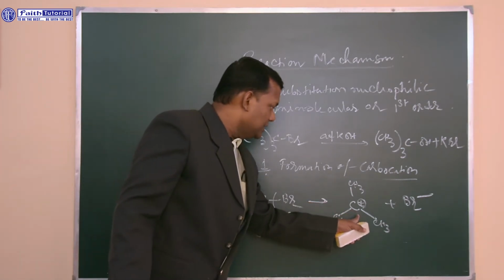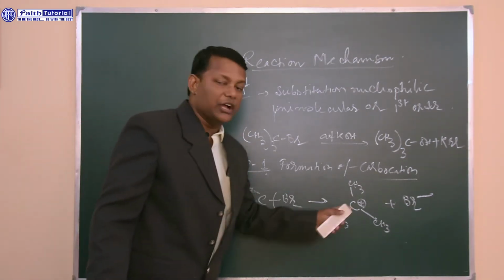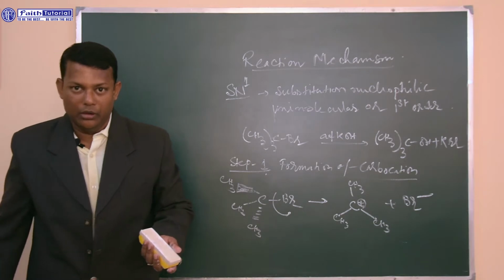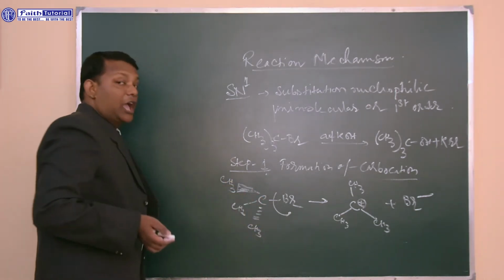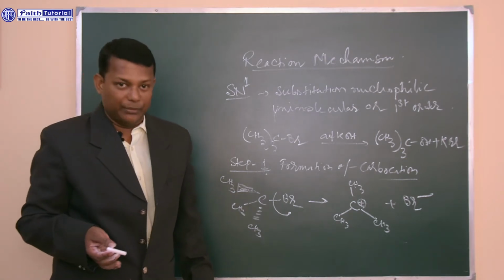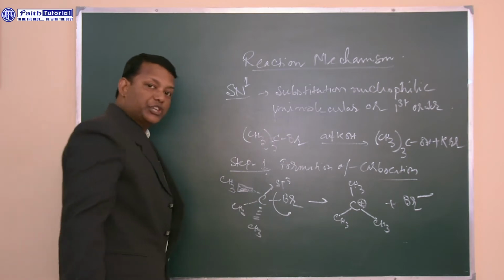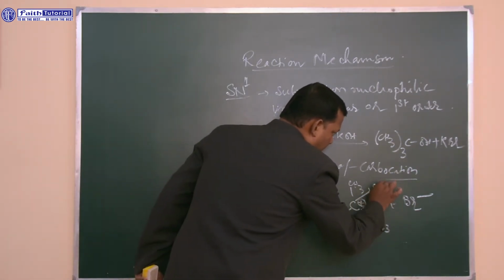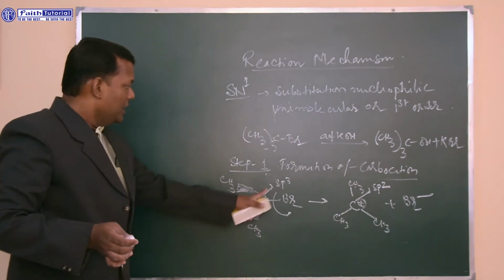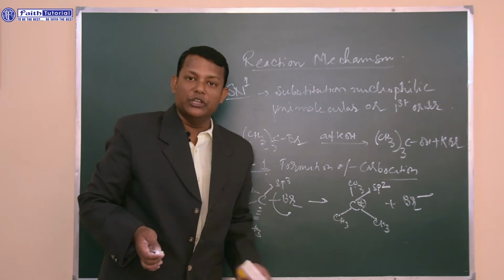In this carbocation, the above-the-plane, below-the-plane structure is not applicable, because with the formation of carbocation, the hybridization of carbon changes. In this compound, carbon is sp3 hybridized, but when carbocation is obtained, hybridization changes from sp3 to sp2, and you know that sp2 carbon is planar.